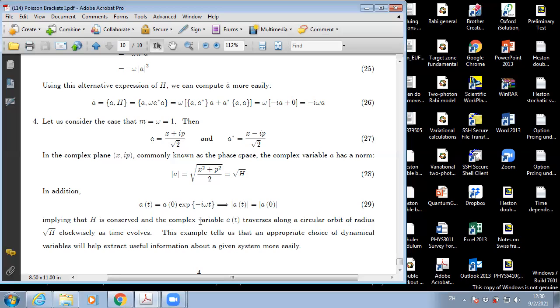This is equal to cosine omega t minus i sine omega t, and if you take the absolute value, you will have cosine squared omega t plus sine squared omega t, which must equal 1, right? Cosine squared of an angle plus sine squared of the same angle must equal 1. That's why we have this final result.